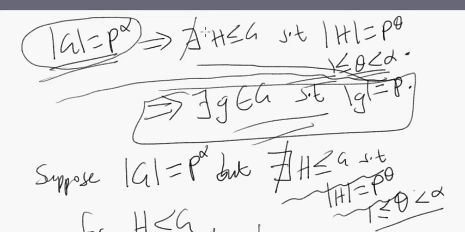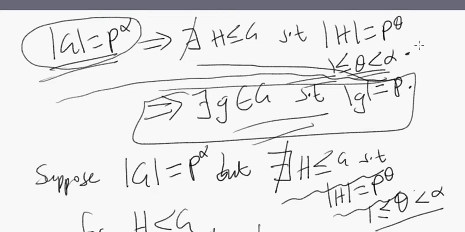Suppose we showed that there does not exist a subgroup H of G whose order p to the theta is less than alpha, and we prove that, assuming there is no subgroup of order p to the theta where theta is less than alpha, that this is true.